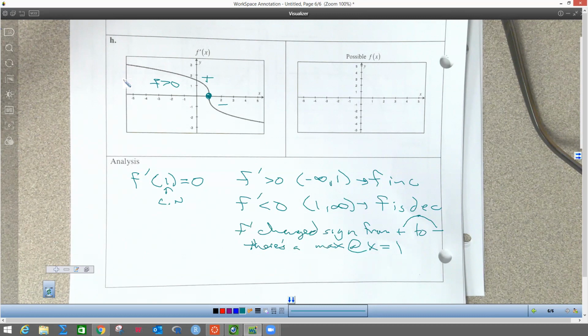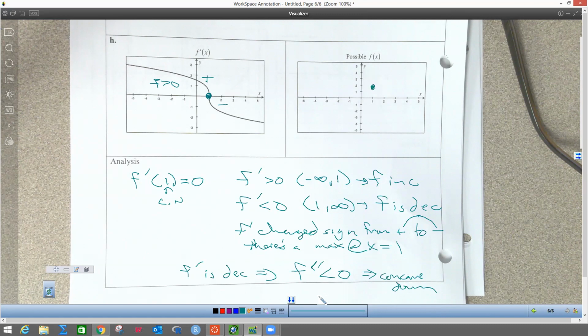And then the slope of this graph is decreasing, f prime is decreasing the entire way, which tells me f double prime is less than 0, which tells me concave down. So again, 1 is the important point, so put a 1 somewhere.